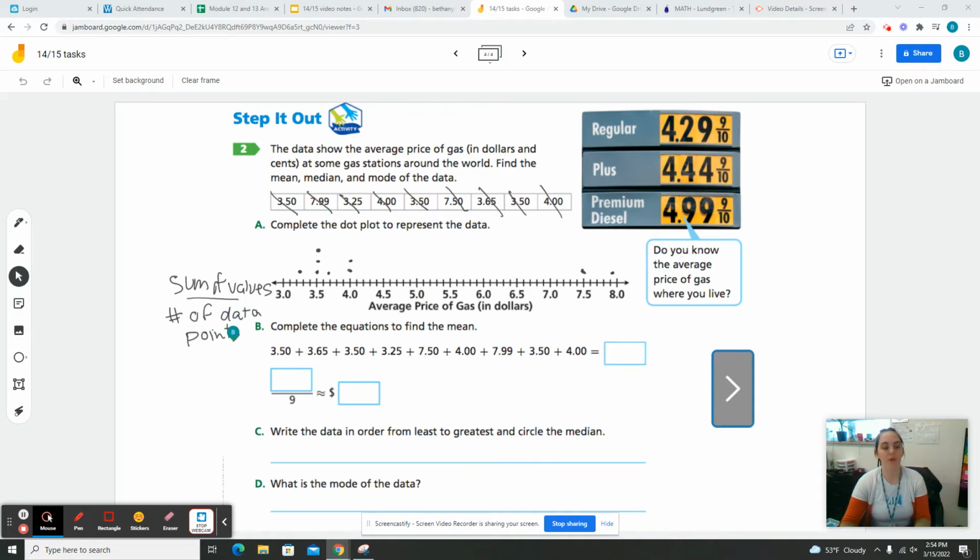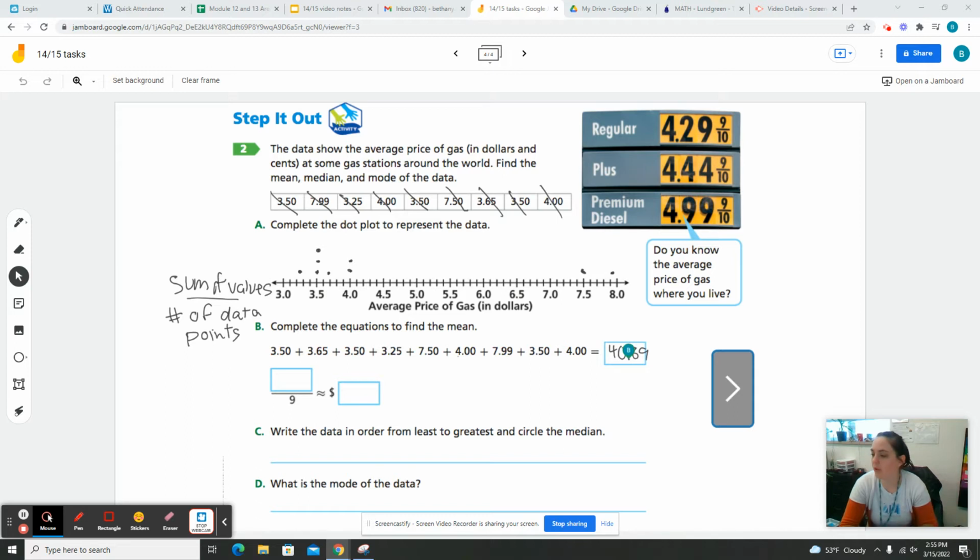Okay, so what we're going to do is add up all the data values. So 3.5, 3.65, 3.5, and so on. We're going to add them all together. And adding all that together equals 40.89. I cheated. I have the answer book.